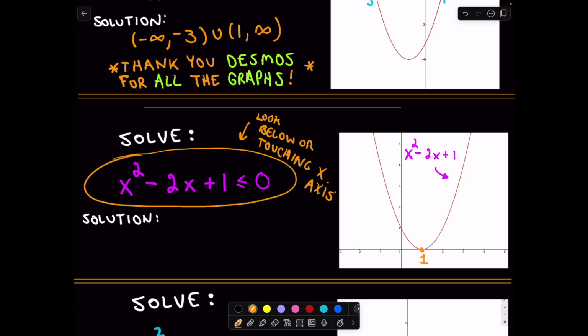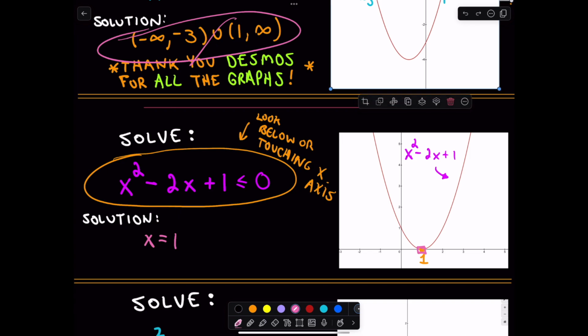I'm looking for sections of the graph that do that. Well, there's nothing below. The only thing that's touching is right there at x equals 1. So that would be my solution in this case. There's only a single point, x equals 1. So we don't need this interval stuff. It was correct for our previous example, but we don't need that interval for our second one because we only have a single point that works.